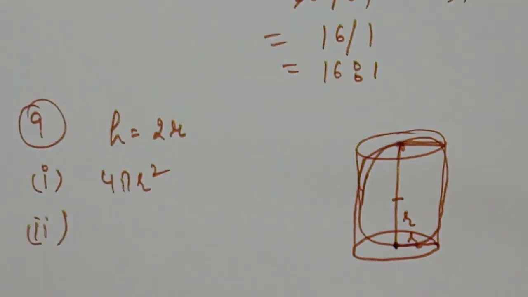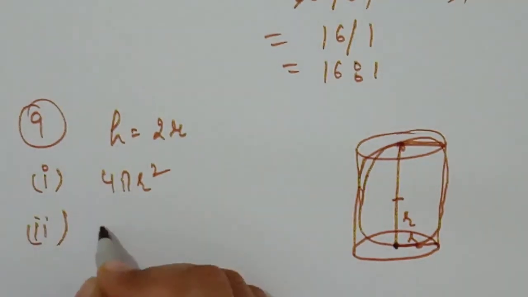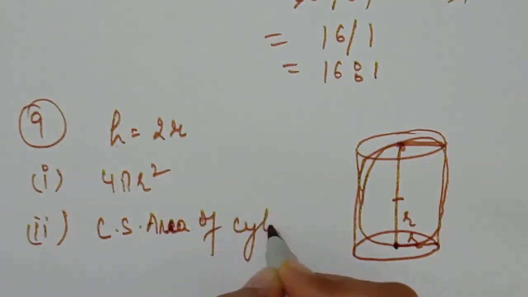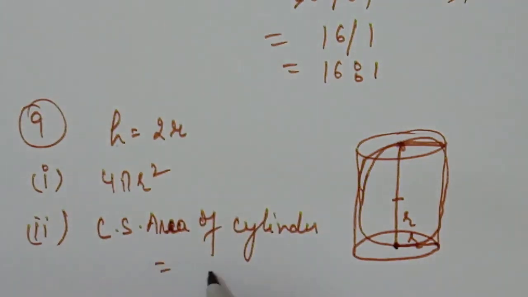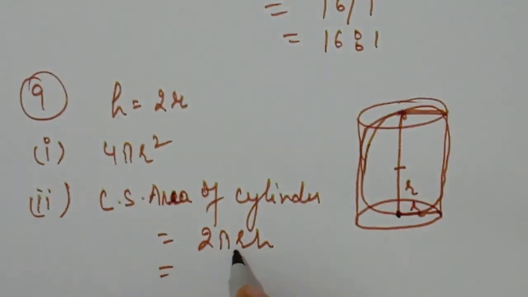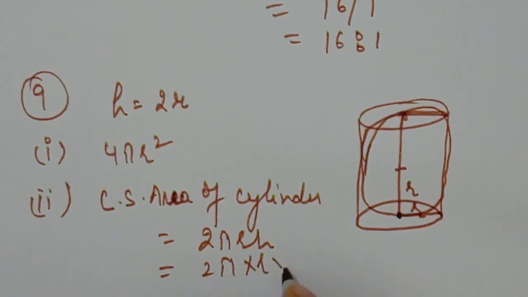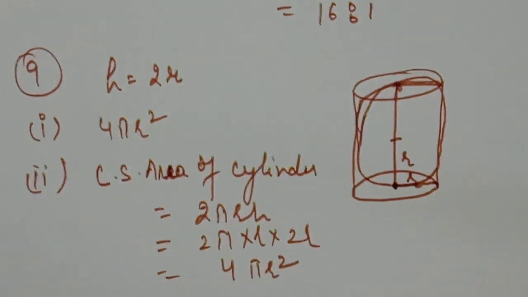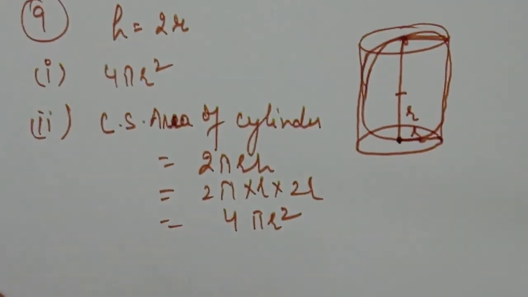The second one is the curved surface area of the cylinder, which is 2 pi r h. We know the value of h, so we put the value here, and it is 4 pi r square.